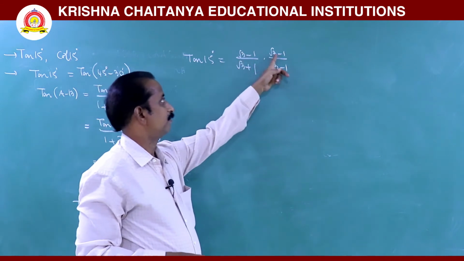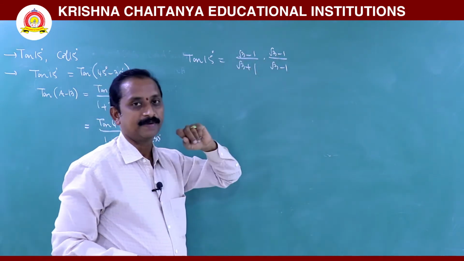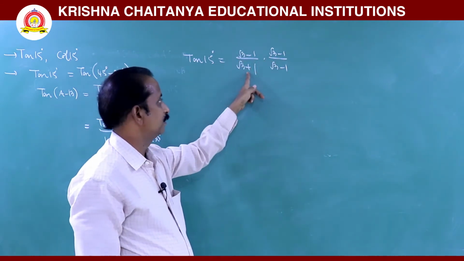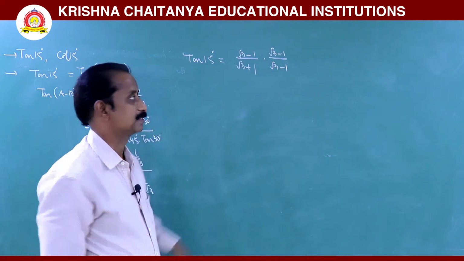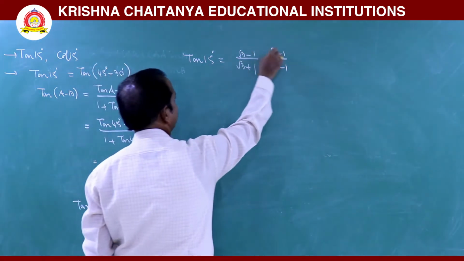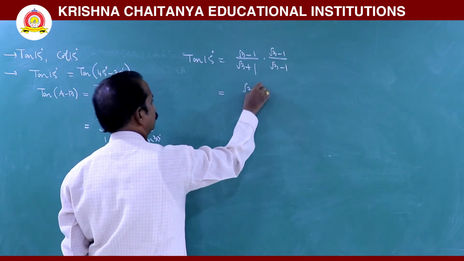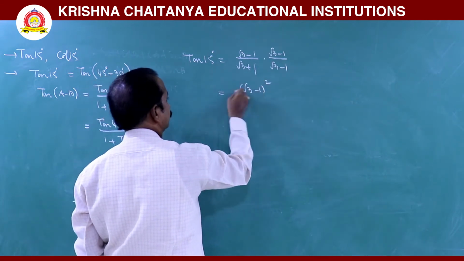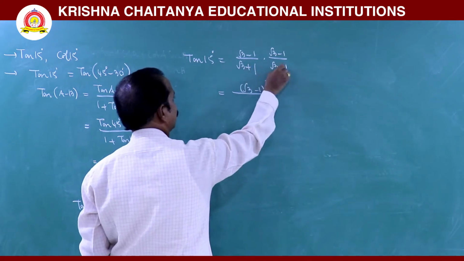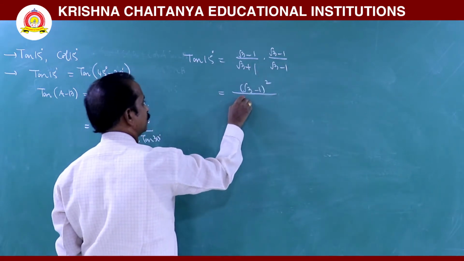Numerator is in the form a minus b into a minus b, but in denominator a plus b into a minus b. So a minus b into a minus b is the whole square. So root 3 minus 1 whole square divided by root 3 plus 1 into root 3 minus 1.